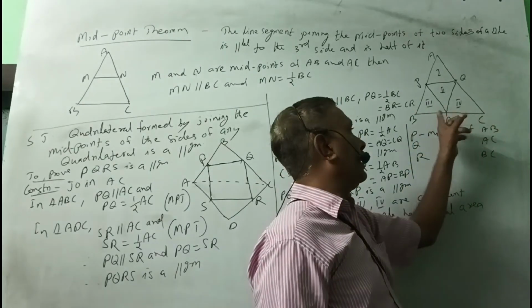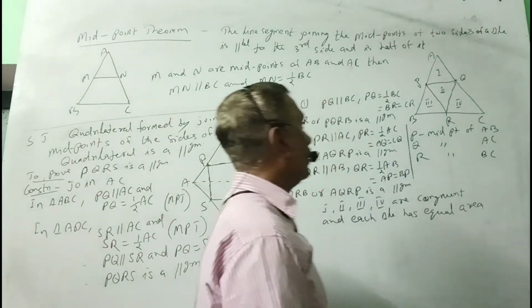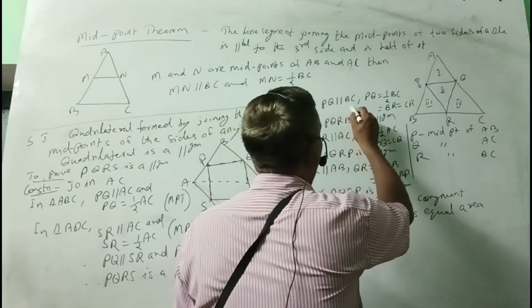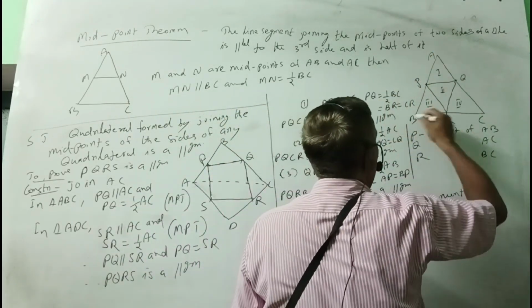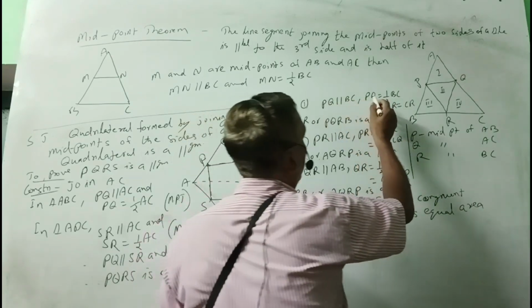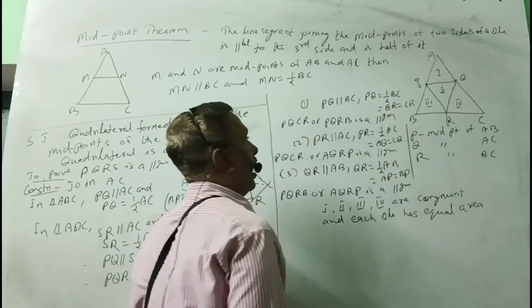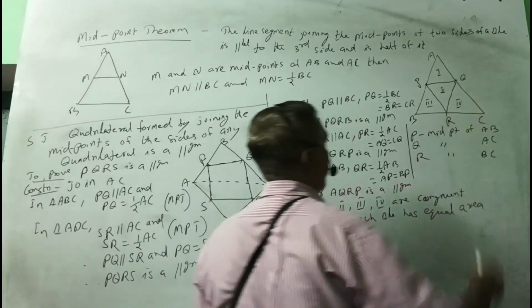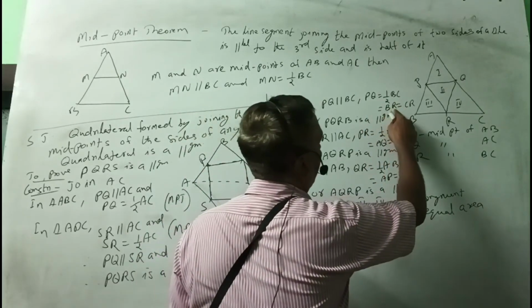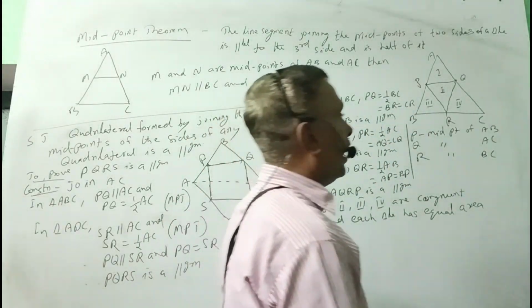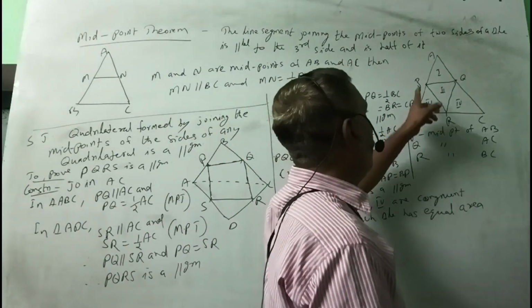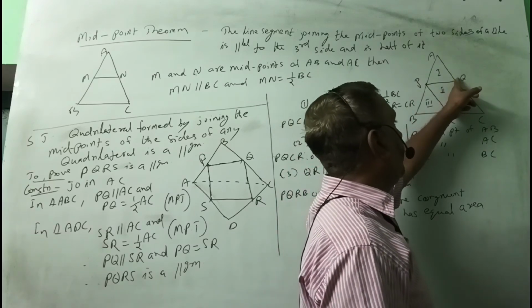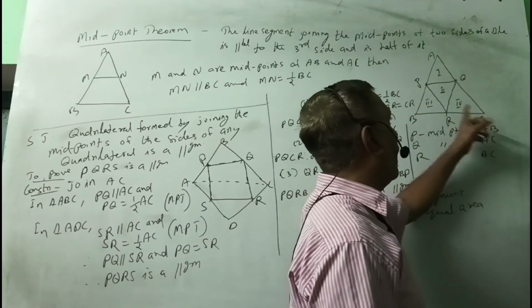In triangle ABC, PQ is parallel to BC and PQ is equal to half of BC because of the midpoint theorem.